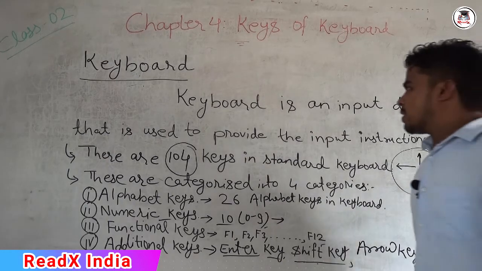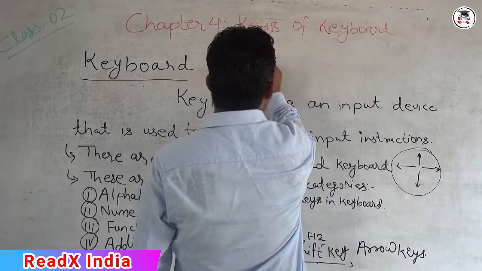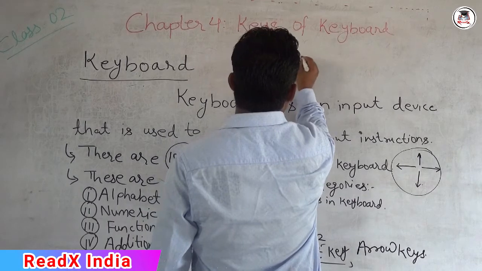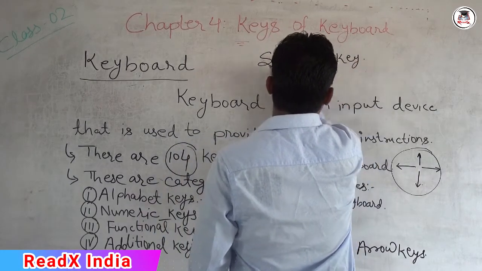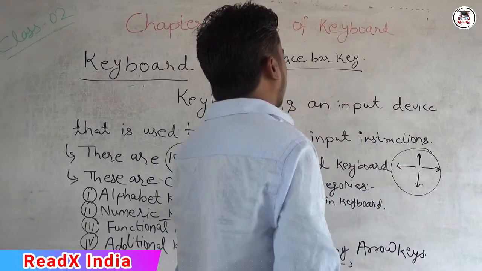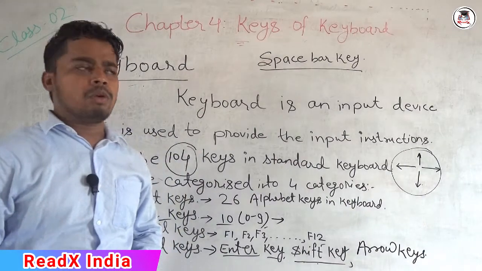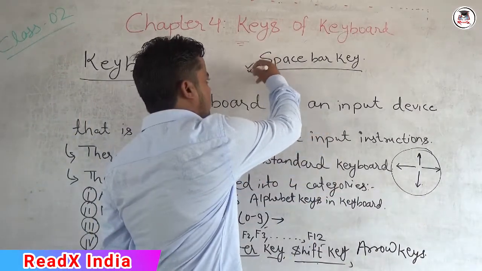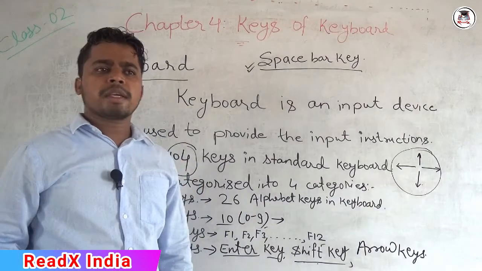Now next key that we do have in our computer, that is a space bar key. This is the longest key which is present in our keyboard. So what is the use of this space bar key?